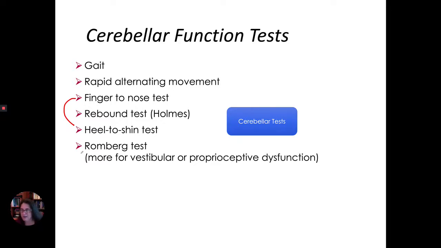So really the Romberg test has more to do with the vestibular apparatus or your proprioception coming up your dorsal columns. It's more of a test for that than it is for the cerebellum. Anyway, when you get a chance to look at those tests, you'll understand what I mean. Okay, that is the end of the cerebellum. We will tackle the basal ganglia next.